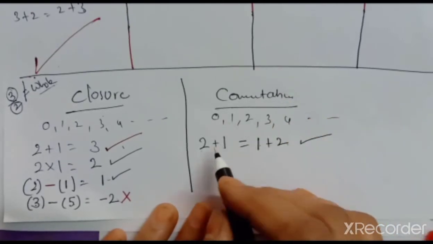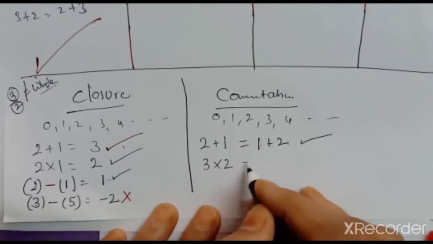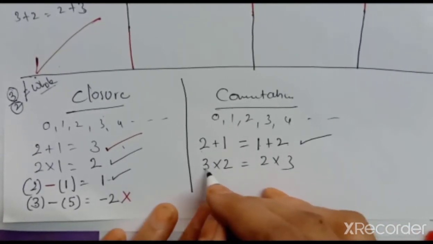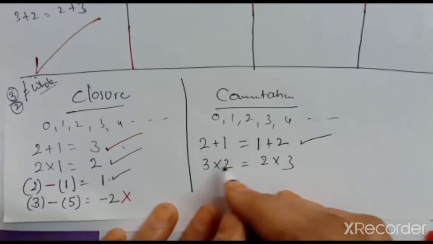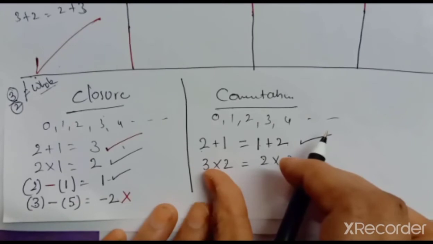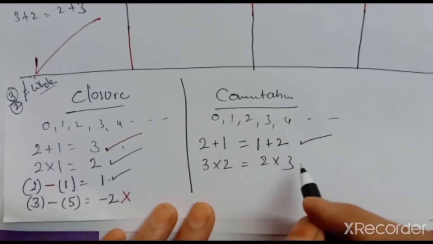Next, move to multiplication. 3 into 2 is equal to 2 into 3, in reverse. Both give the same value. So multiplication also follows commutative property.